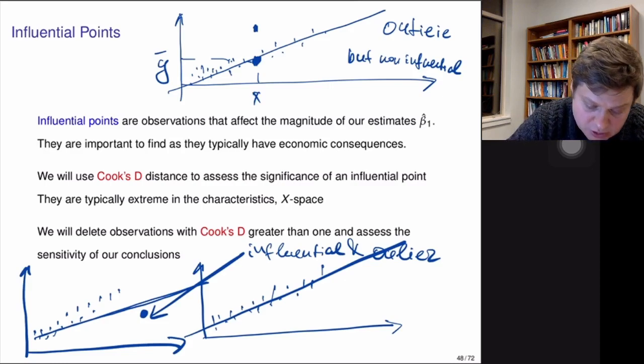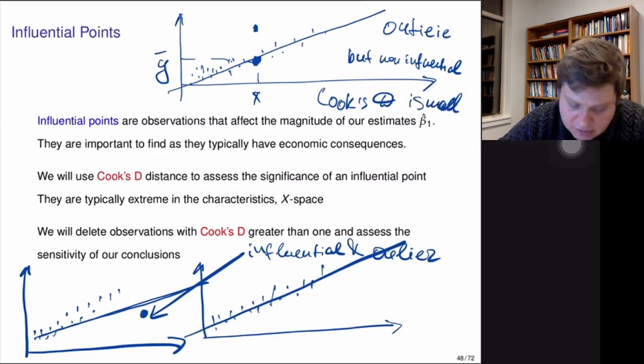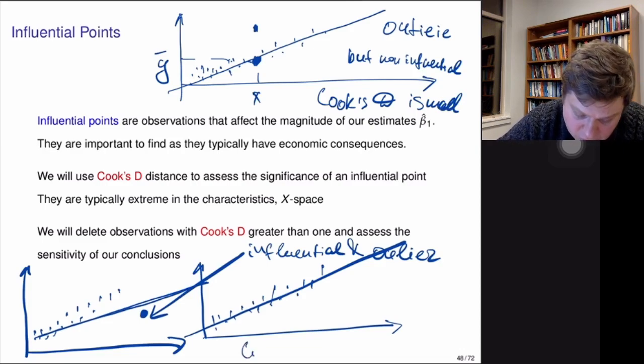So for this point, which is not an influential point, Cook's distance is small, so the regression line is not affected by this point. And for this point, the Cook's distance is large.